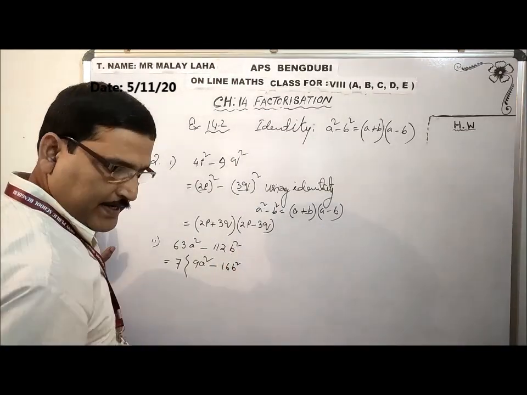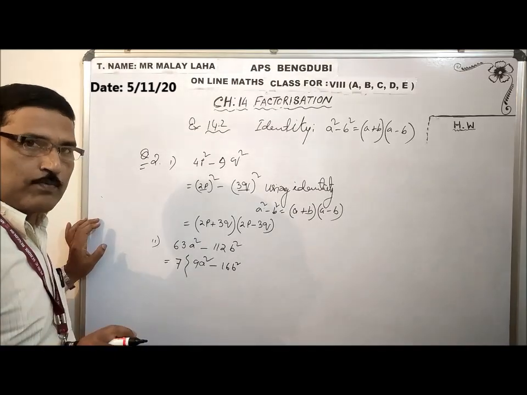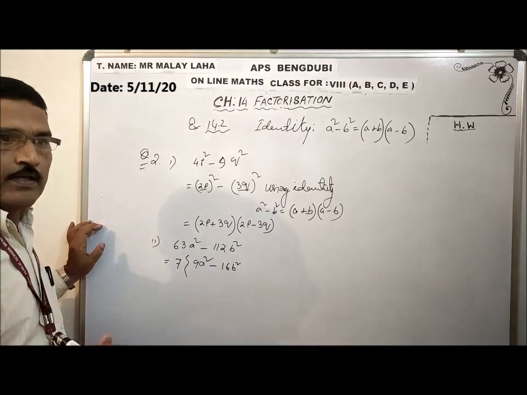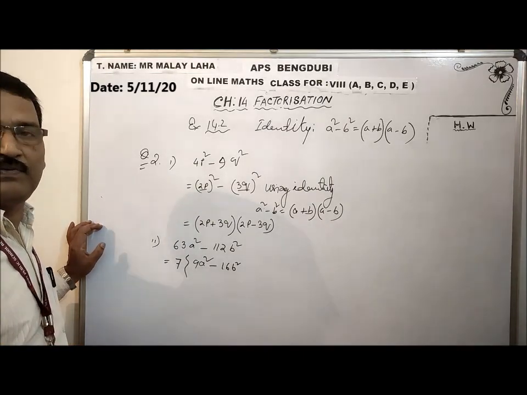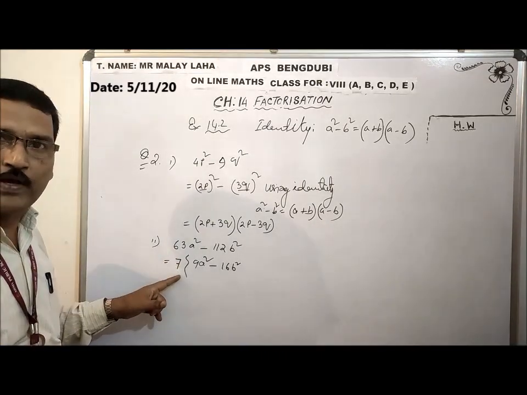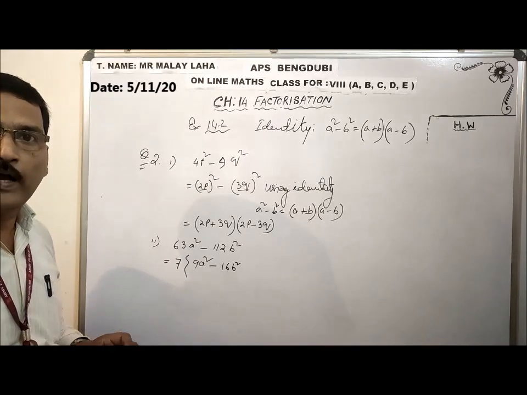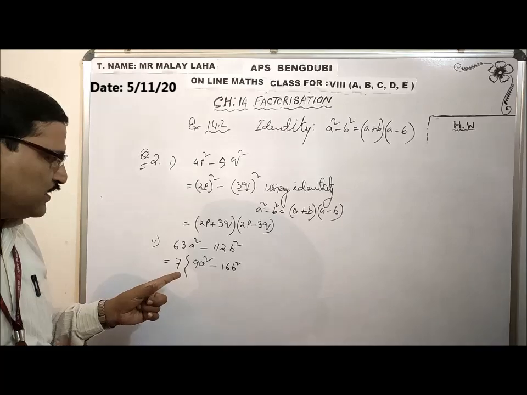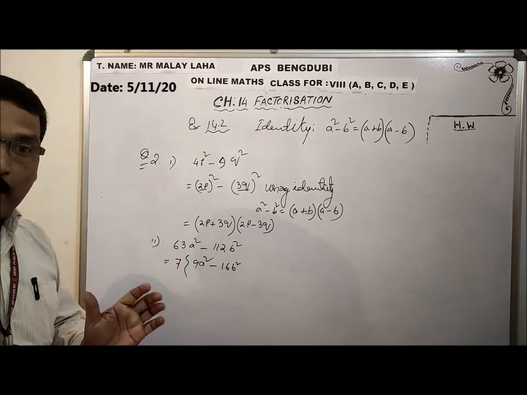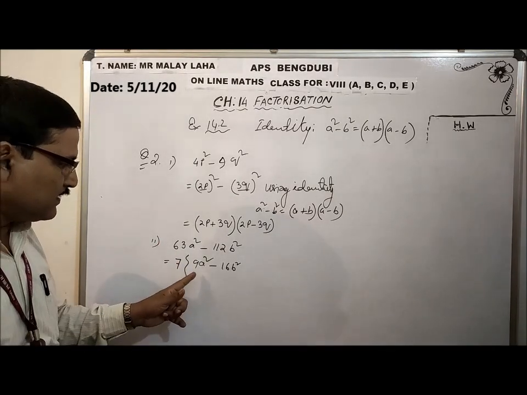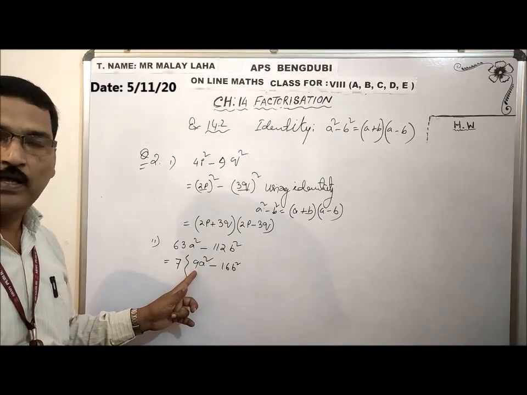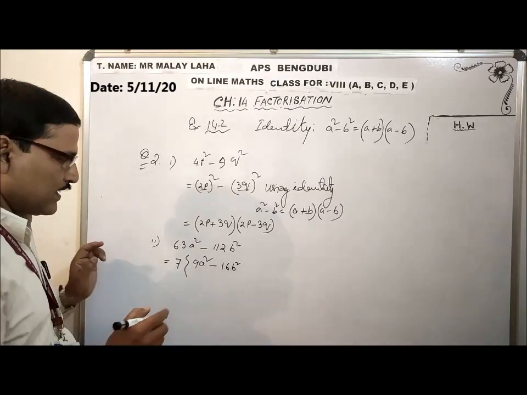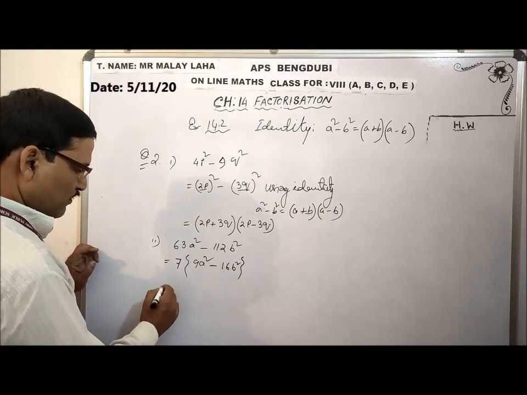When a number is not in square form, I have to first write it in square form. If I am not able to, then I have to take common a factor from both by which the numbers get reduced. After reducing, I can now write 9a square as 3a whole square and 16b square as 4b whole square. Understood my point?